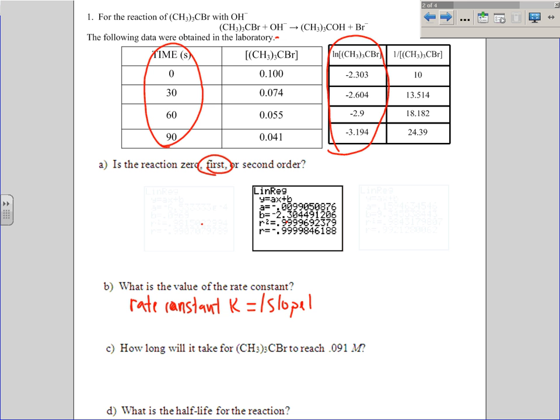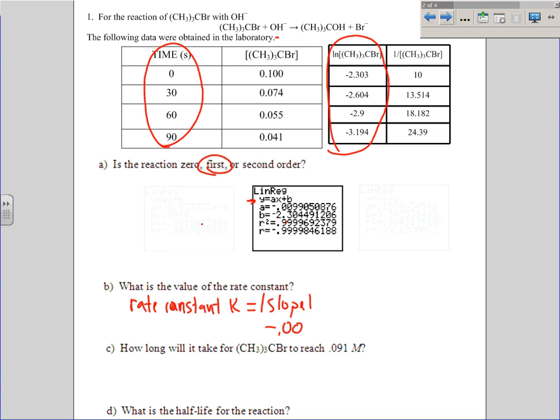So if we take a look up here, remember in this particular form on our calculator, our equation is in the form of y equals ax plus b. So a in our calculator here is going to be our slope. So the slope in this case is negative 0.00, and my data here varies a little bit, but it's at least 2 significant digits if we assume our time is at least to the nearest second.